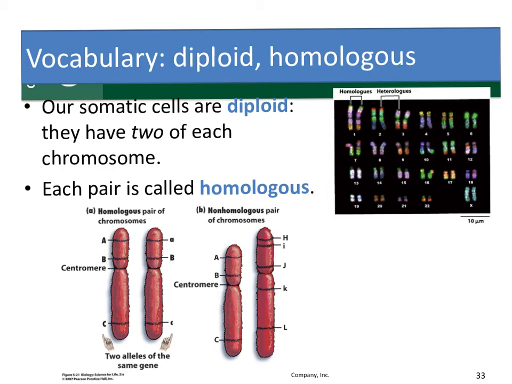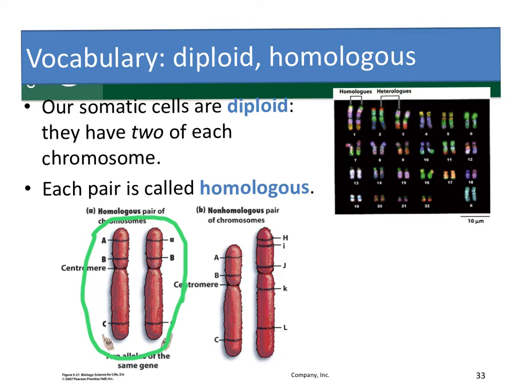Okay, so the homologous pair of chromosomes is this, right? This is the pair of chromosomes. And it says a cat has 38 homologous pairs of chromosomes in its skin cells. Humans have 23.